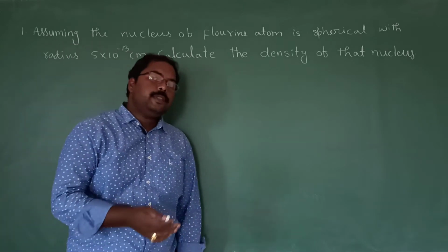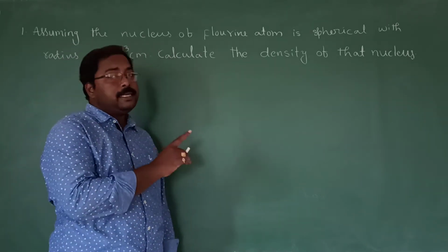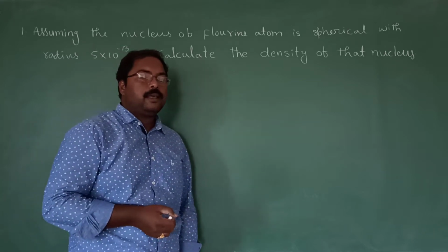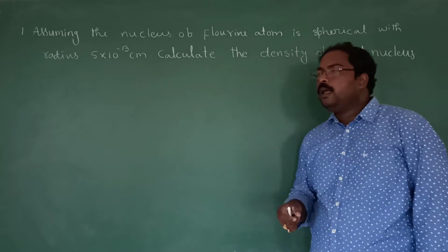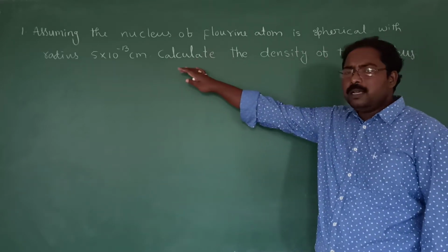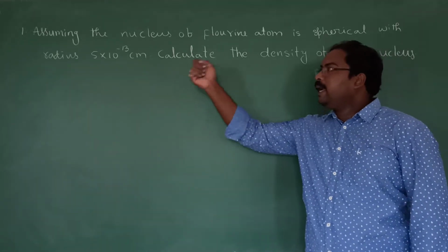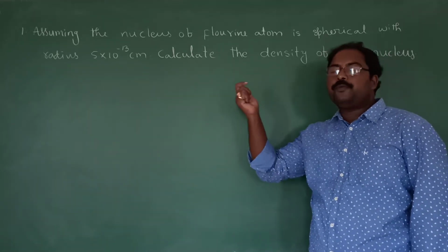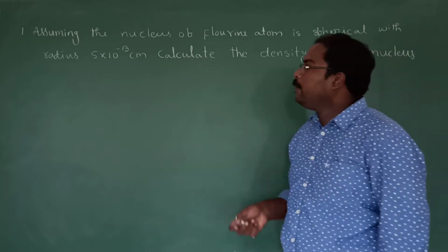So radius of the atom was given and we are asked to calculate the density of the nucleus. This was a previously asked question in competitive exams, and it is based on simple mathematical knowledge. Even regarding the mass of the fluorine atom, only minimal chemistry knowledge is needed. So don't worry about the question.